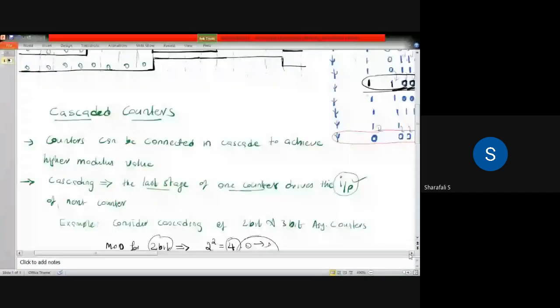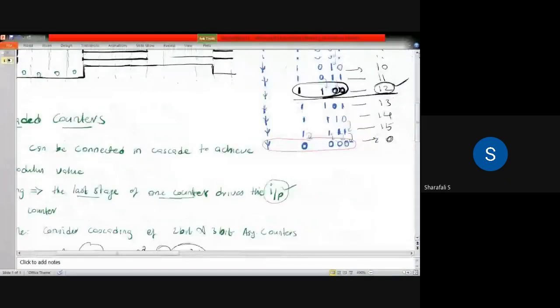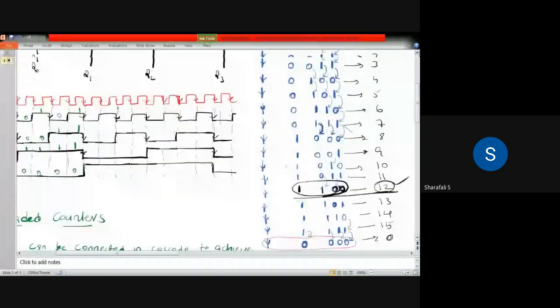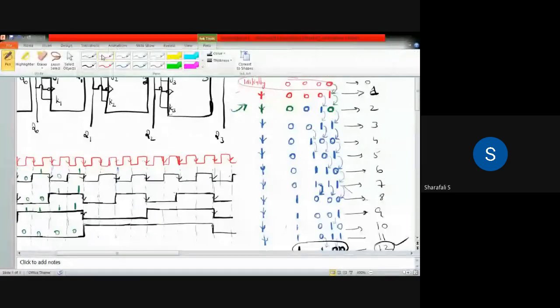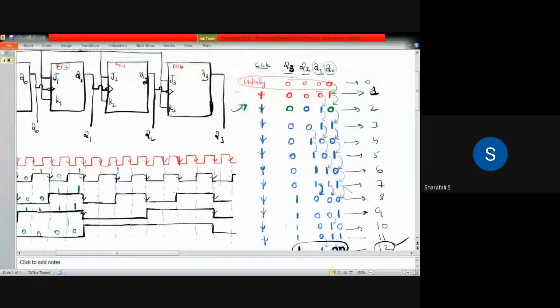That we have to decide. That can be decided if you look at this particular table. When you look into this, we have 4 outputs here: Q0, Q1, Q2, Q3, as you can see. If you consider this part, 0 0 0 0 1 1 0 1 1.